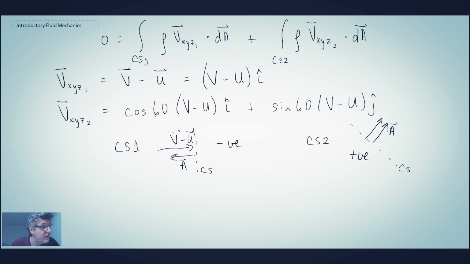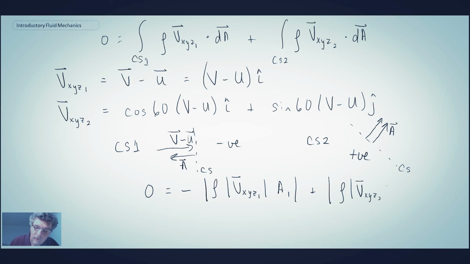So consequently, what we get from the continuity equation is the following. Density cancels out because we're dealing with incompressible flow.